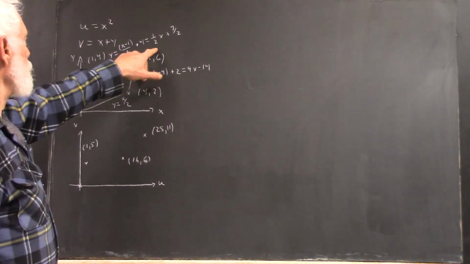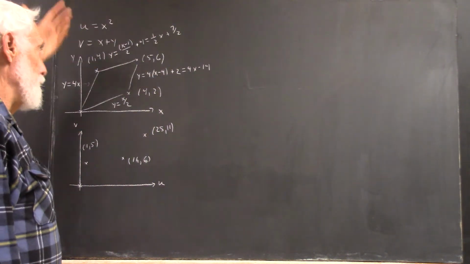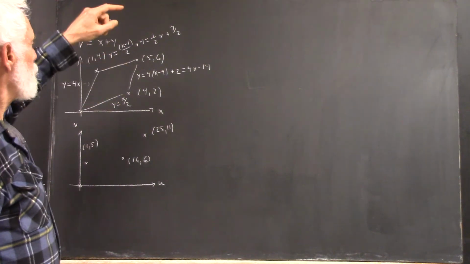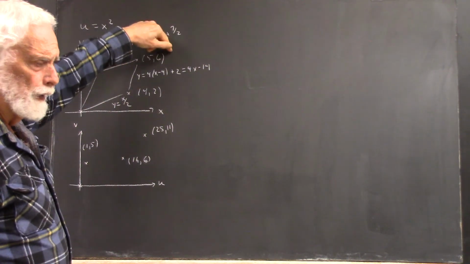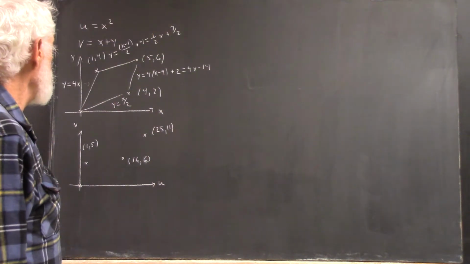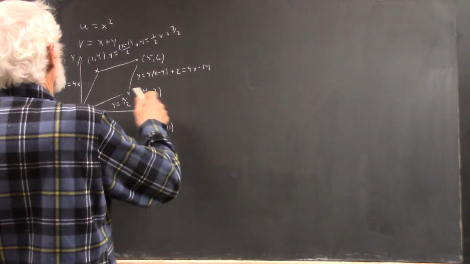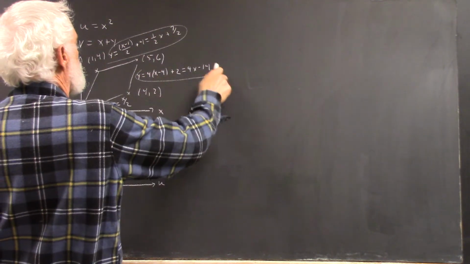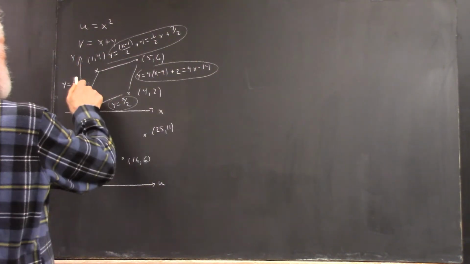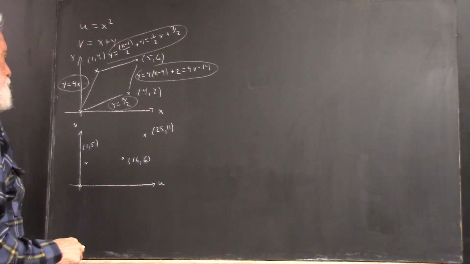If x is 1, 1/2 plus 7/2 is 8/2, which is 4. If x is 5, you have 5/2 plus 7/2, which is 12/2, which is 6. So yes, it all works. So here we have 4 equations of 4 line segments.